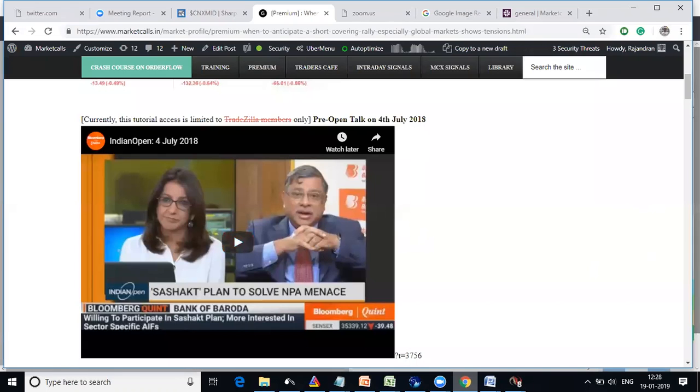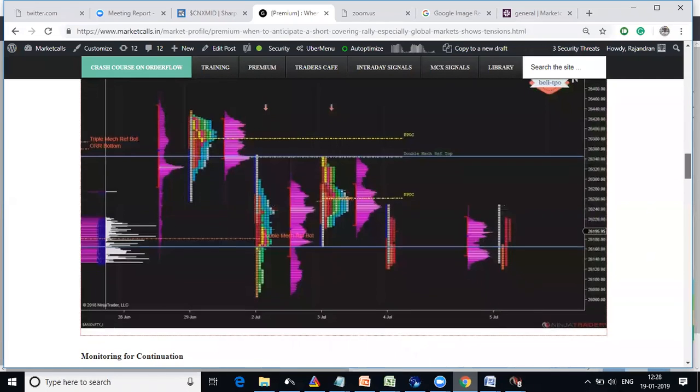And we opened inside the range. We took the day low. B period also took the day low. C period got a flip, which puts the price back into the range. That is a clue that, combined with the other factors, the prominent point of control is the first target.